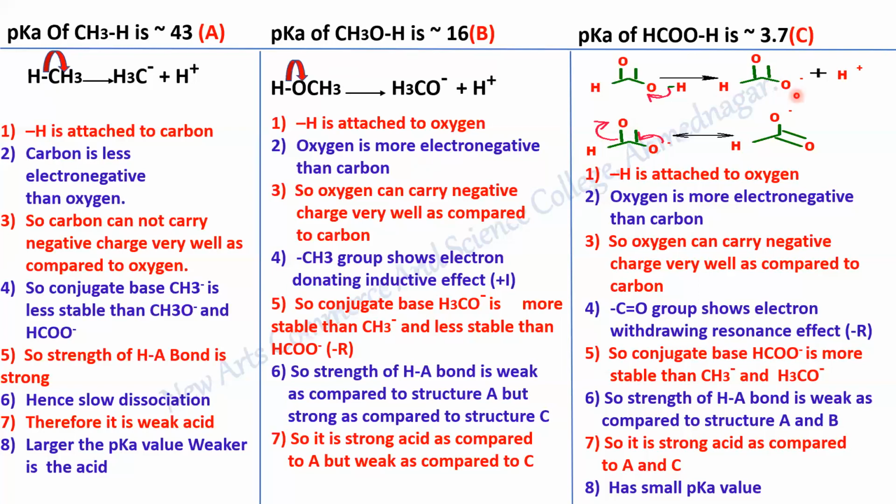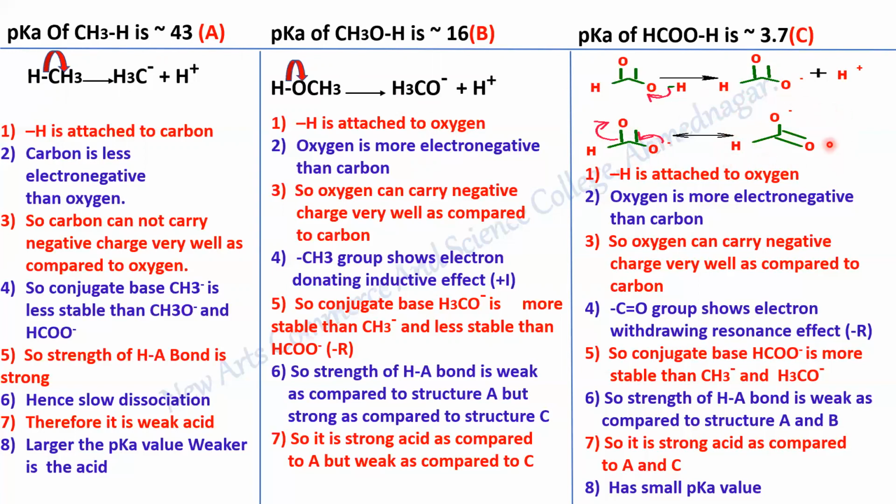The reason is that not only does the oxygen carry the negative charge, but there is also a delocalization of the negative charge. Either this oxygen carries a negative charge or this oxygen carries a negative charge, so the charge is distributed. If there is charge distribution or charge delocalization, then that structure is always stable. Because of that, comparing the methoxide conjugate base and the methanoate conjugate base, the more stable conjugate base is methanoate.